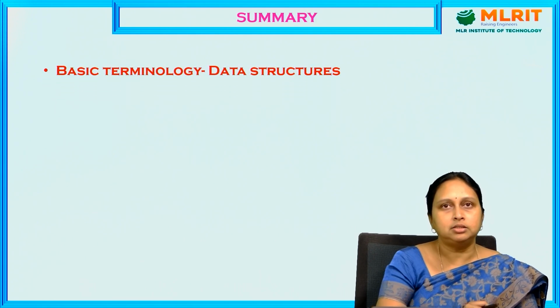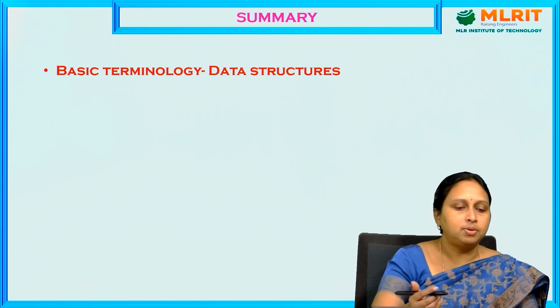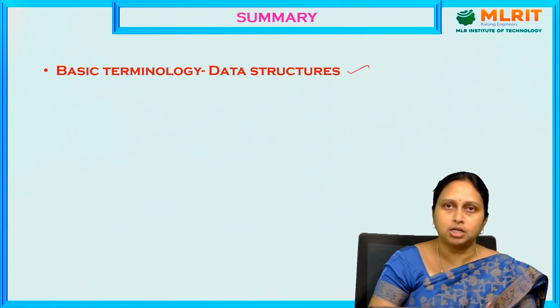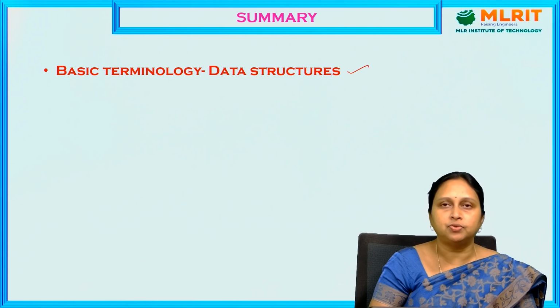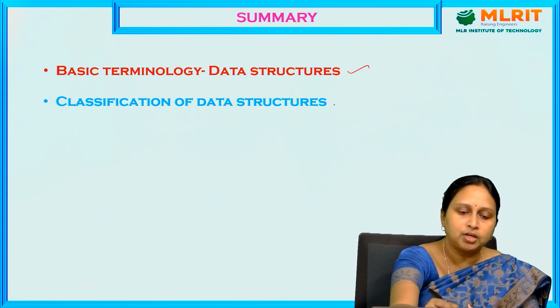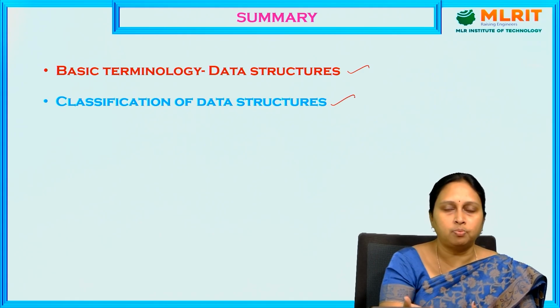And let us see the summary of what we have discussed under this session. We have seen the basic terminology of data structures, the definition of a data structure, the different operations, the classifications of data structures, and what an abstract data type is. And for the classifications, we have discussed primitive and non-primitive data structures.